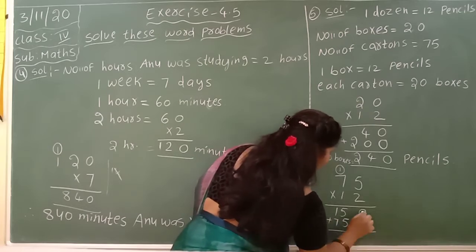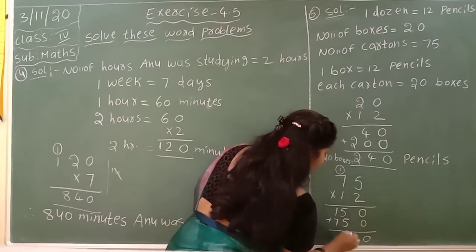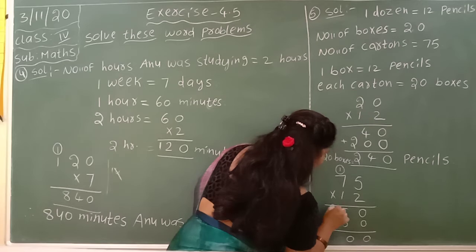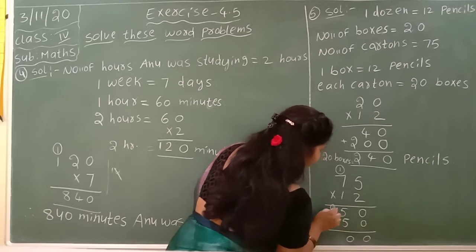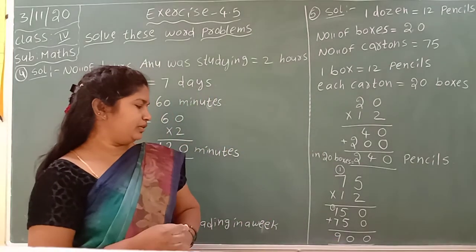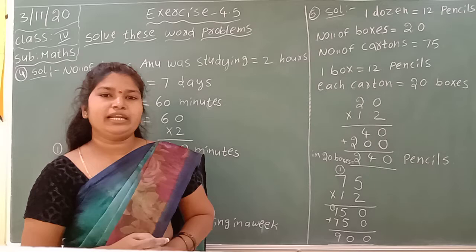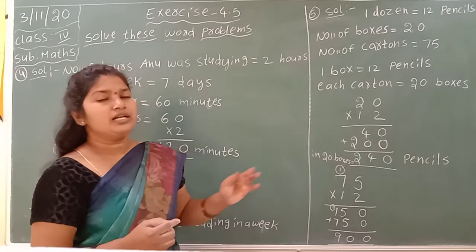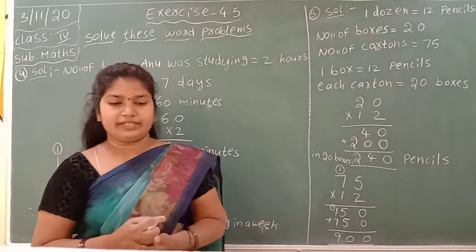You can add these numbers. 5 plus 5, 0. 1 plus 1, 2. 900. Total 900 pencils are there in the 75 cartons.